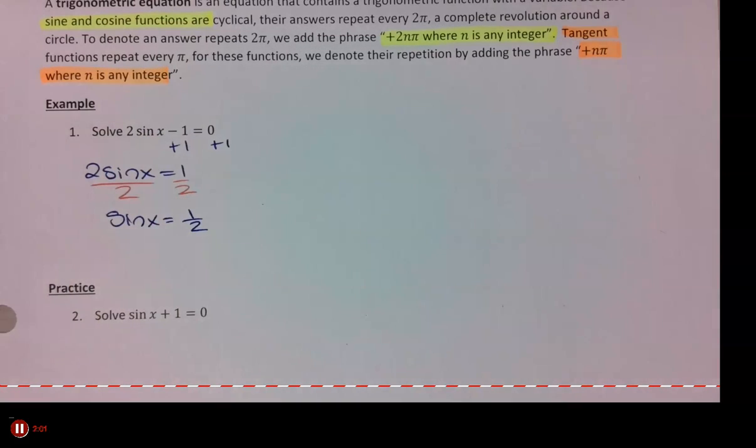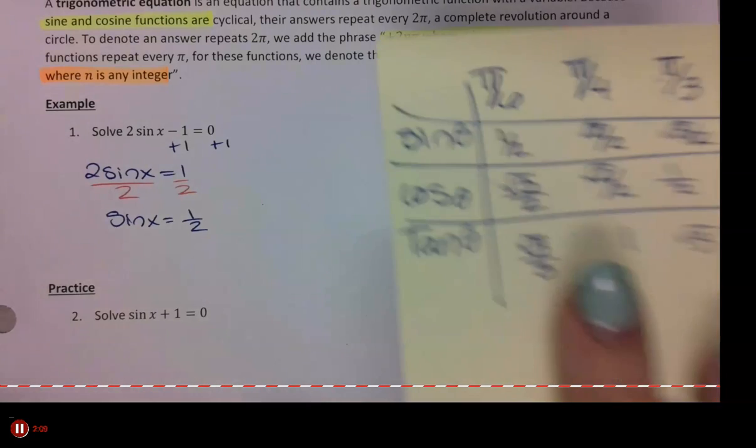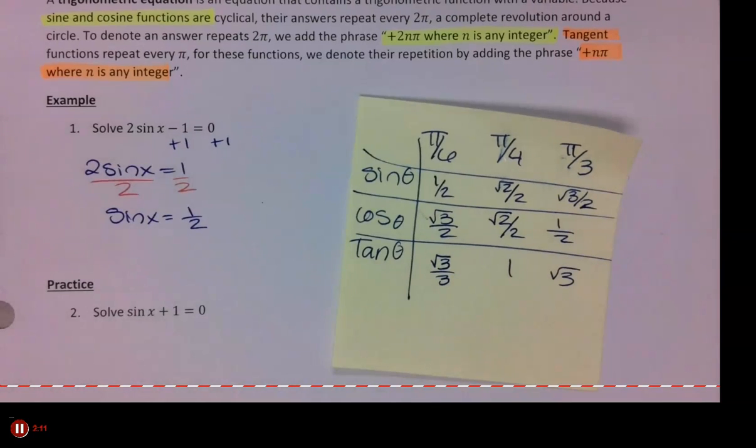Okay, so where is sine of x 1/2? You should have a clue. Remember that chart I told you to remember? I want it in radians. Pi over 6.